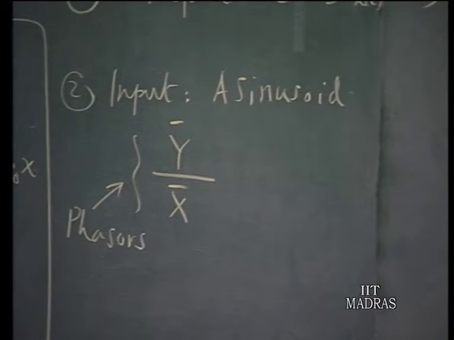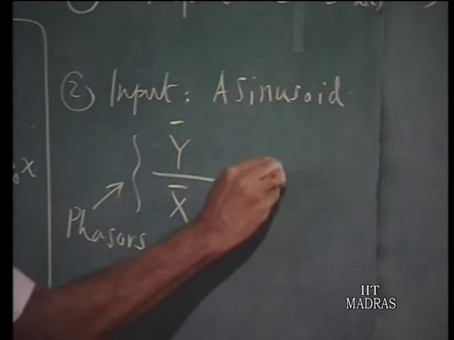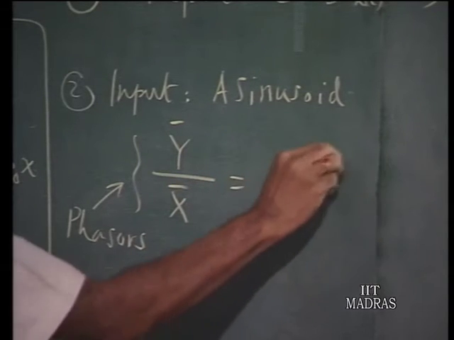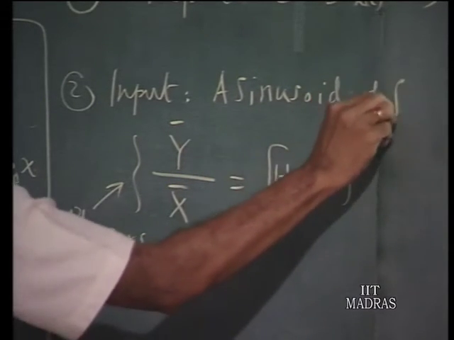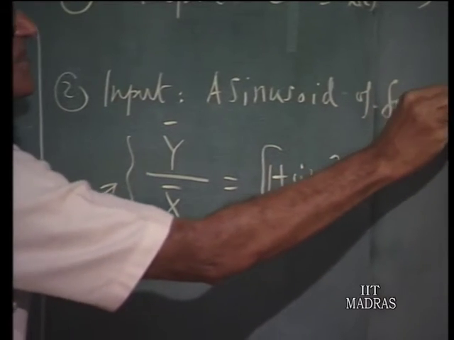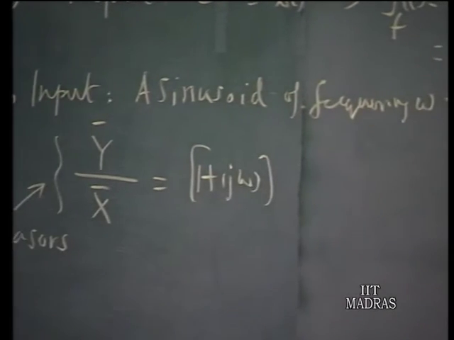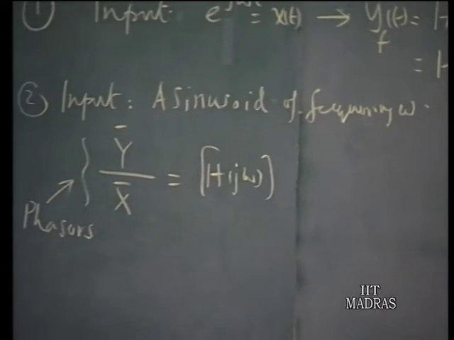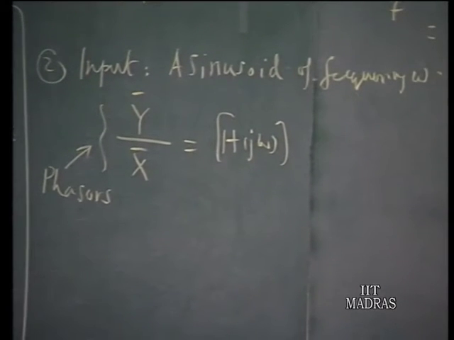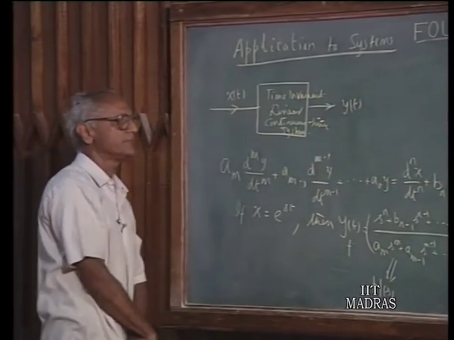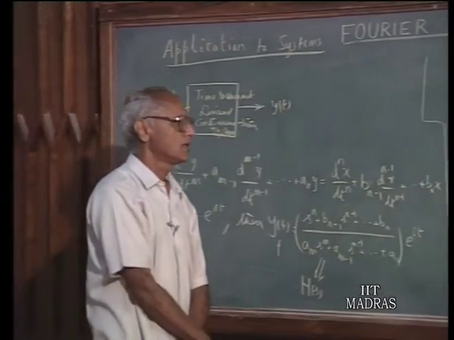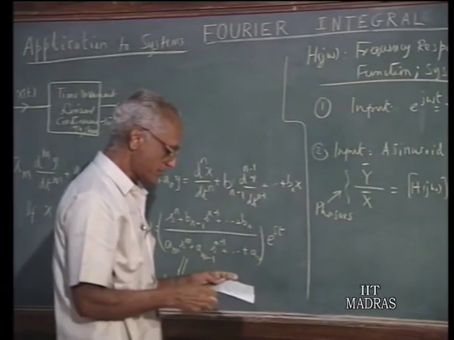Both are sinusoidal functions of time. This is given by H of j omega once again, where a sinusoid of frequency omega. So, under steady state the output sinusoid and the input sinusoid, their phasors are related by this H of j omega.